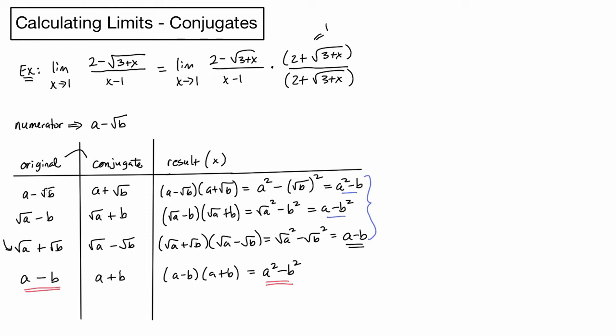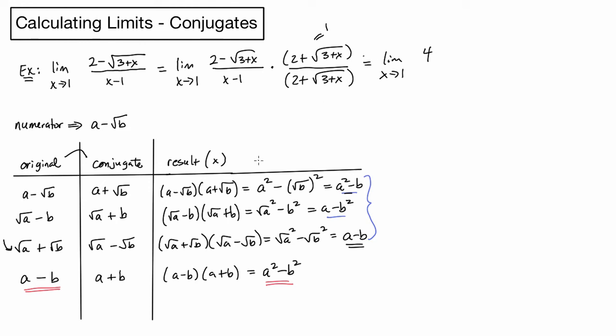So the numerator was of the form a minus square root of b. The conjugate is a plus square root of b. Multiplying the two gives a squared minus b. So the easy way I remember how to simplify expressions like this that involve the conjugate is to look at the first term, which is 2, square it, you get 4. Look at the second term, which is the square root of 3 plus x.